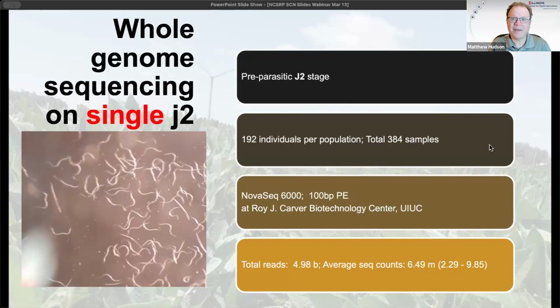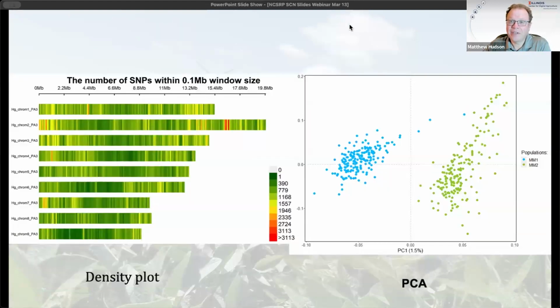When we started doing whole genomes from individual worms, instead of extracting our DNA from millions of eggs at a time, we started to realize that all those worms are very different. And again, this is a very complicated story, but we can summarize it in a chart like this one at the right here.